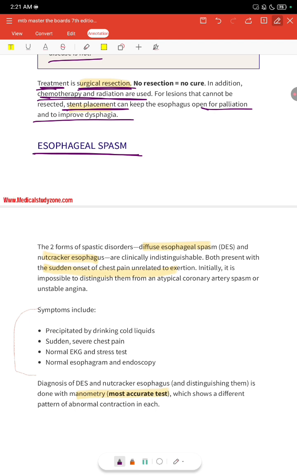Now let's talk about esophageal spasm. There are two forms of spastic disorders, diffuse esophageal spasm, DES, and nutcracker esophagus.